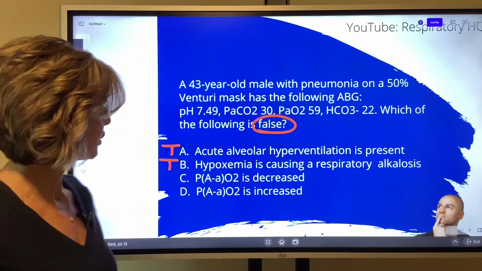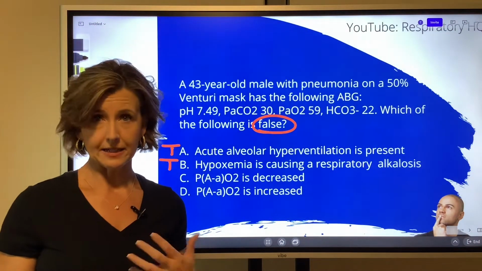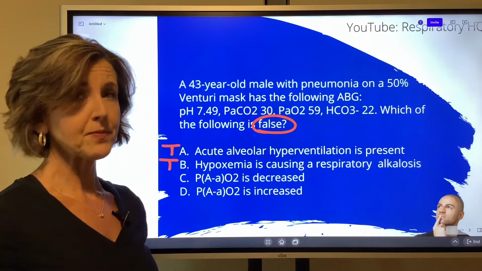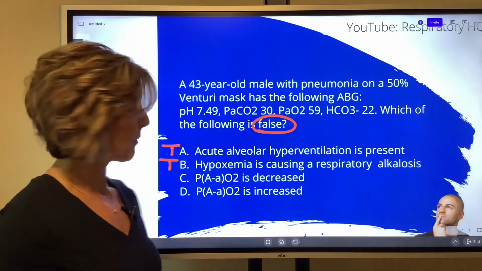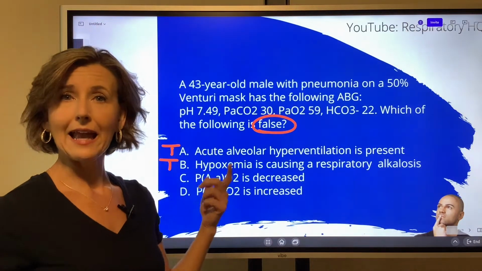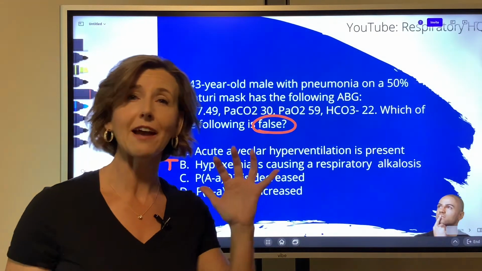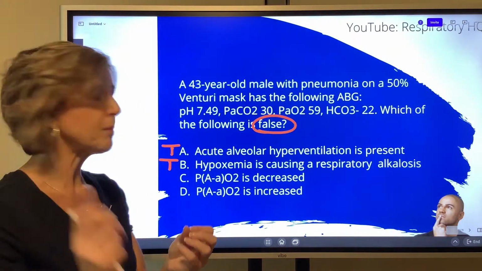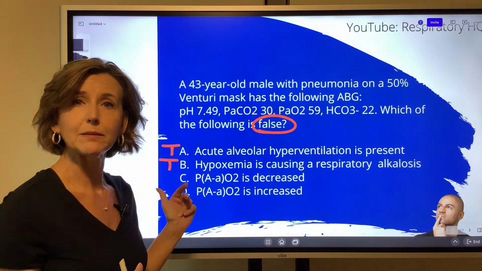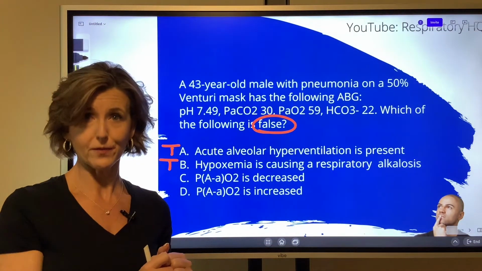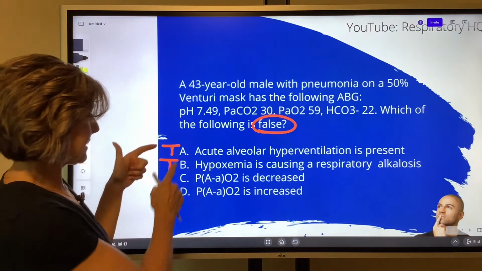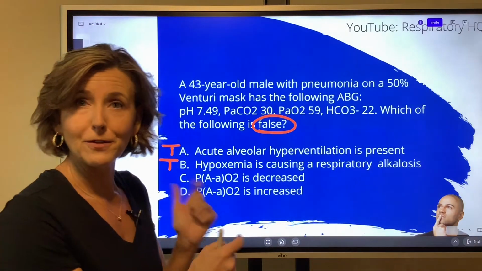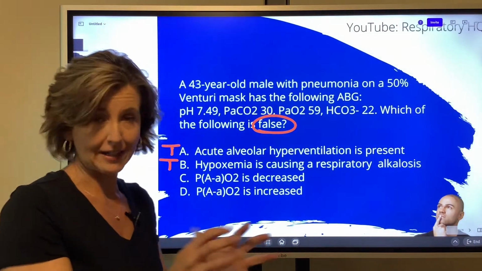That is always going to change the A-a gradient in some manner, okay? So you can't have both an increase and a decrease in the A-a gradient. It's going to have to be one or the other. So just looking at the question, you can almost narrow it down to C and D because we can't have both of these. All right, so that narrows it down to a 50-50 chance if you're having to guess.